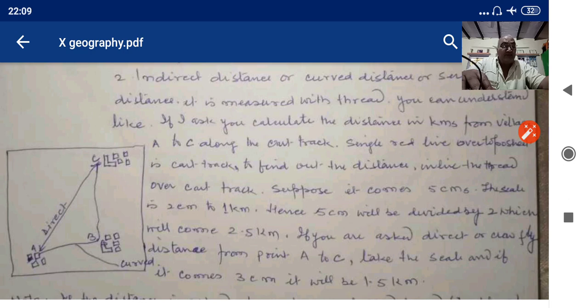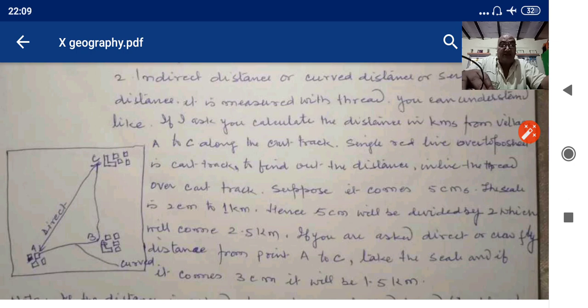If you are asked direct or crow fly distance from point A to C, take the scale. If it comes 3 centimeter, it will be 1.5 kilometer. With the help of a small figure, I have tried to show you how we calculate the distance.